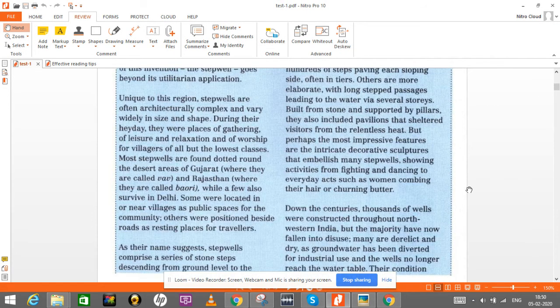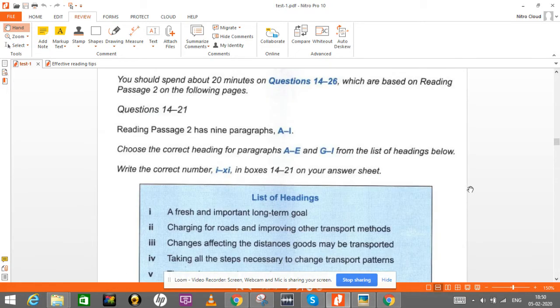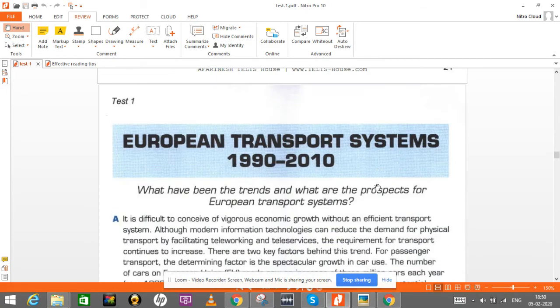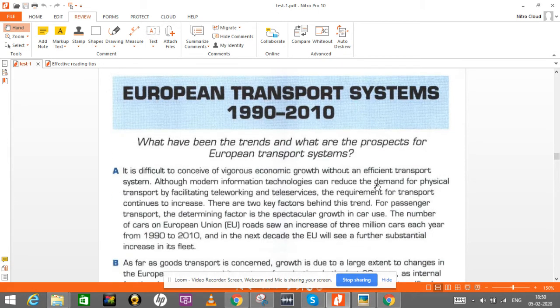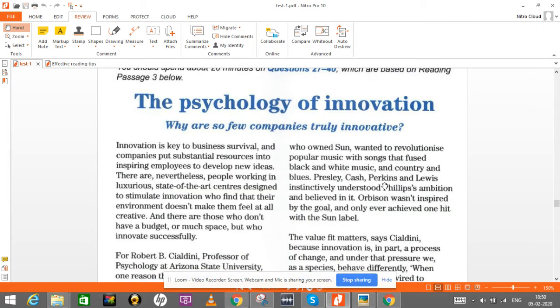Suppose there are people who are familiar with section 2, let's say this one, European transport systems. He would begin with this passage. And then the other one is psychology of innovation. So whatever strategy or method you want to use, you can use, right? I just call it design, because the way you want to start doing it is your own way of doing it.